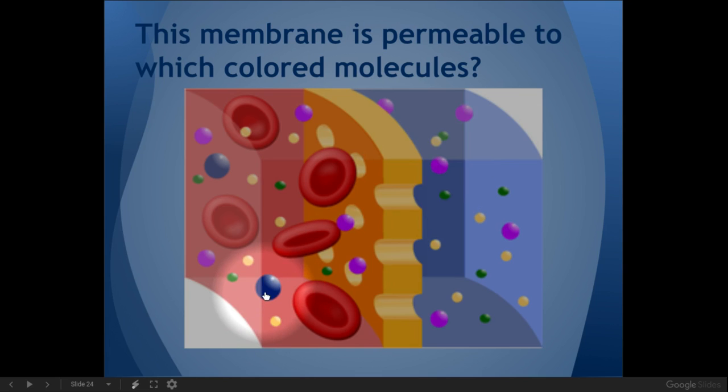The dark blue is questionable. What about these large red blood cells? No, I don't think that they'd be able to go through because they're much larger than the opening. So this membrane is permeable to all molecules in this picture except the red blood cells and possibly the dark large molecules as well.